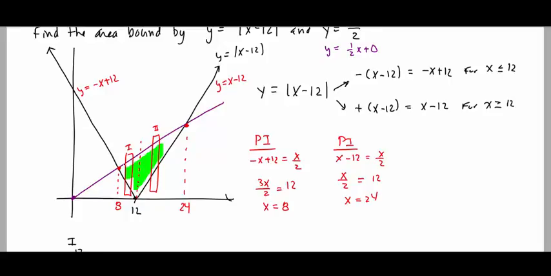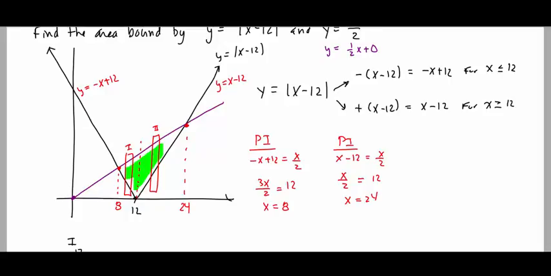Now my upper curve is the line, not the absolute value function, but just the line, so it would be x over 2 minus the lower curve, which is the absolute value function. Make sure you have parentheses, otherwise the negative sign won't get distributed, so there's my minus the quantity negative x plus 12.